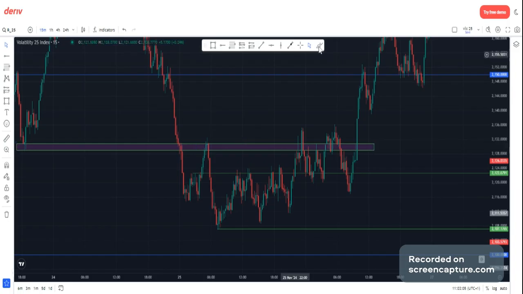Let me use my brush tool so you can see. This is the highest point price got to, because that's where price started consolidating from, and this is the lowest point price has gotten to.